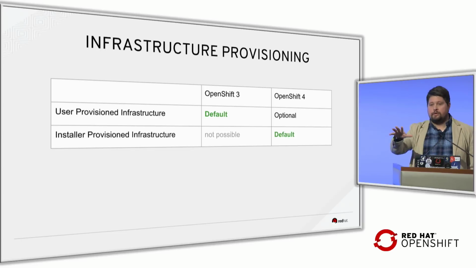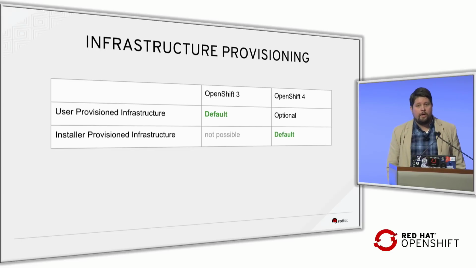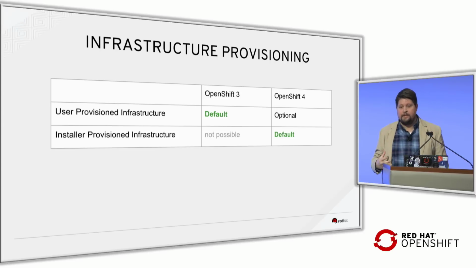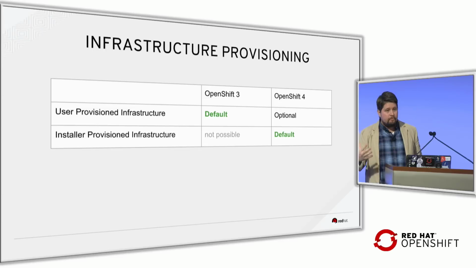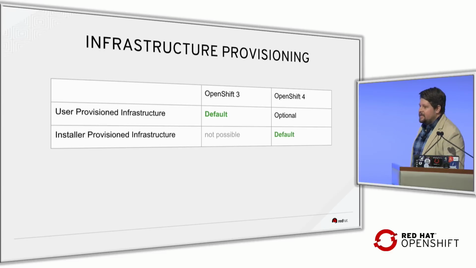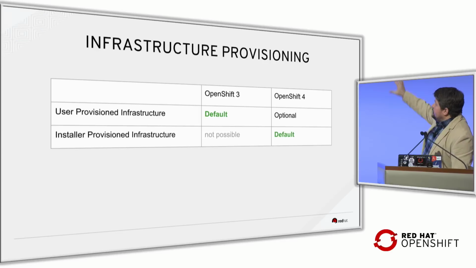You can still build your networking and your subnetting if you want. All we ask is that you let us do that for the control plane at least, because we can at least help there. You can allow us just those 3 nodes. Just give us 3 nodes and allow us to connect the networking. And then you can do the rest of your cluster if you must. But those are the options.